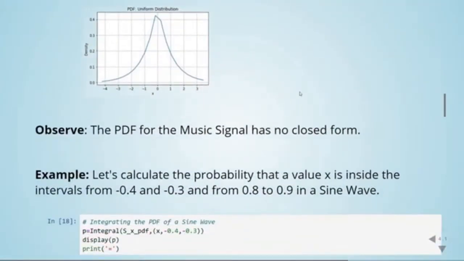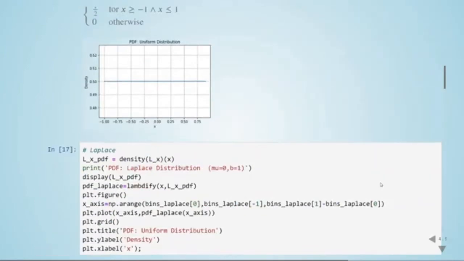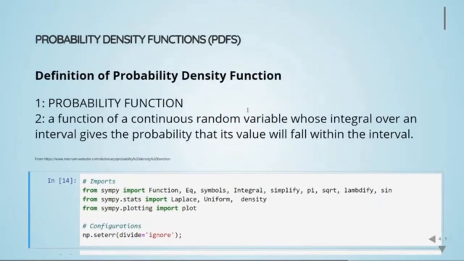So let's calculate the probability that a value x is inside the intervals from -0.4 to -0.3, and then from 0.8 to 0.9 in a sine wave. If we go back to the definition of the probability density function, a function of a continuous random variable whose integral over an interval gives the probability that its value will fall within the interval.